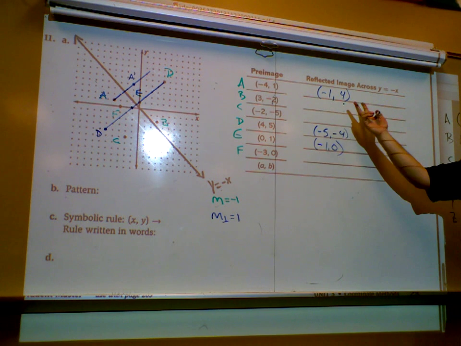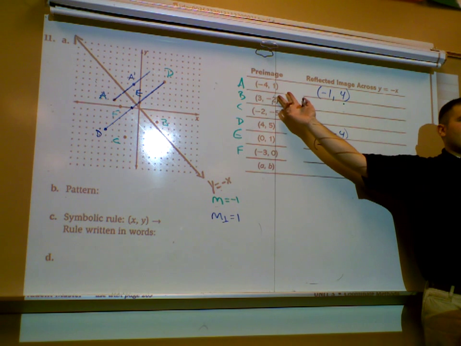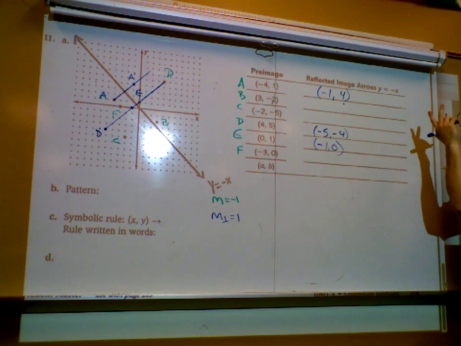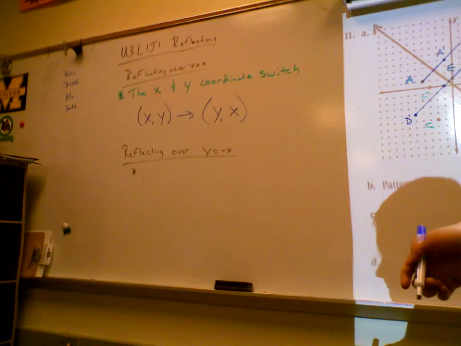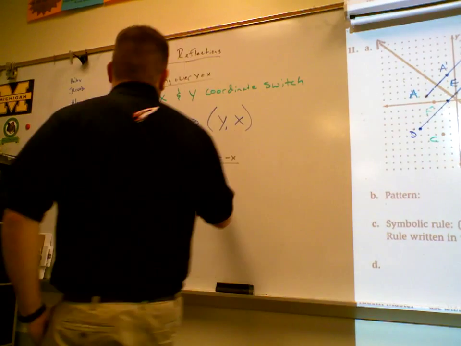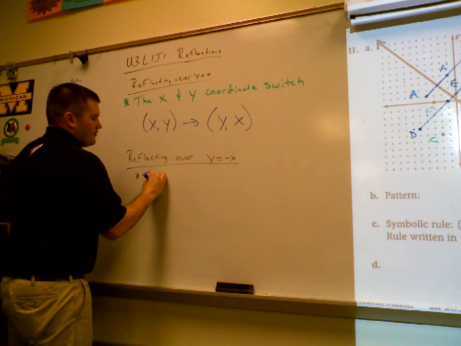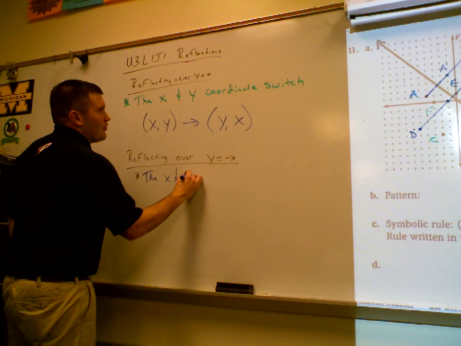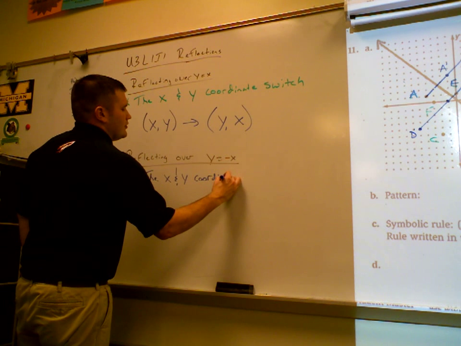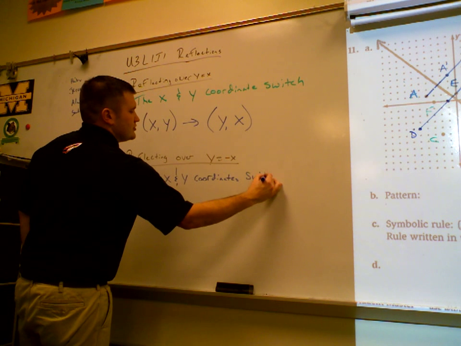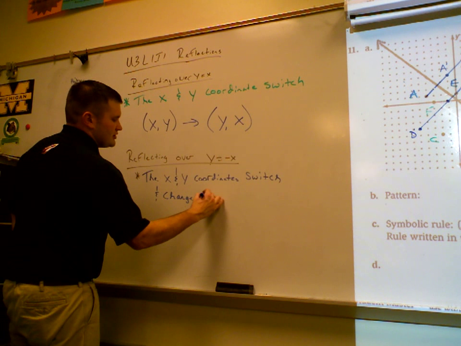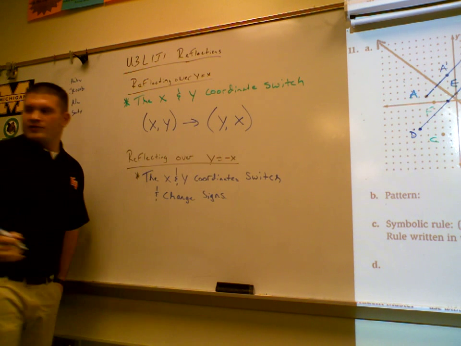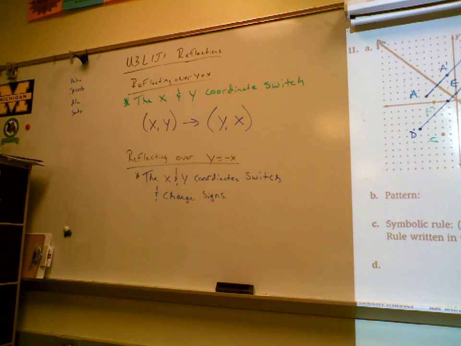Okay, so we changed the X and the Y do what? They switch, and the signs change. Perfect. So when we're reflecting over the Y equals -X line, the X and Y coordinates switch and change signs.